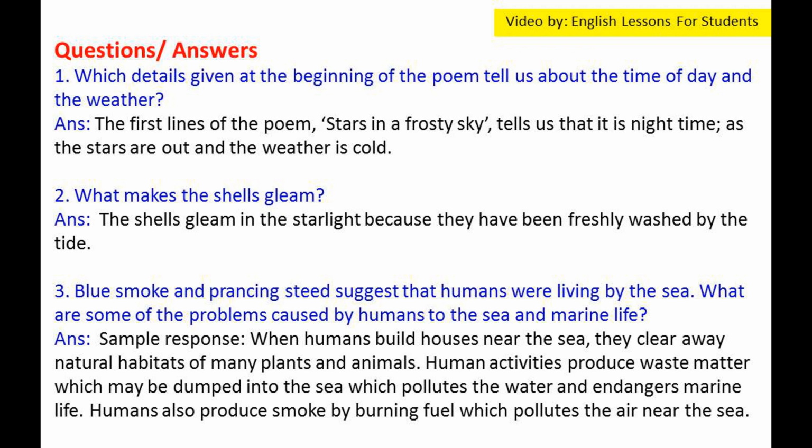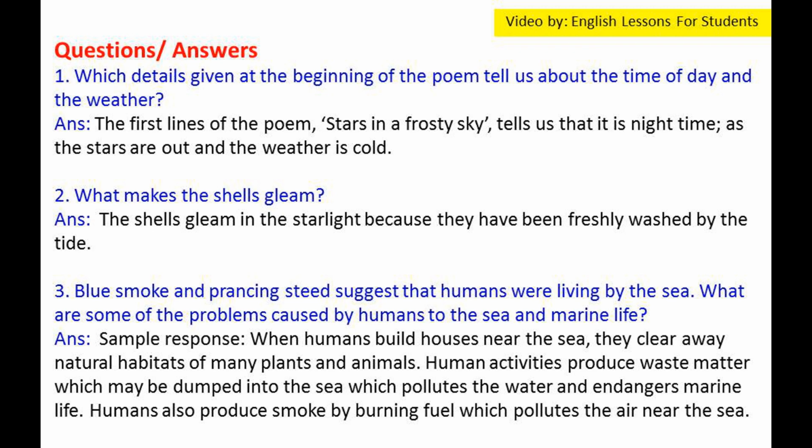3. Blue smoke and prancing steed suggest that humans were living by the sea. What are some of the problems caused by humans to the sea and marine life? Answer. When humans build houses near the sea, they clear away natural habitats of many plants and animals.